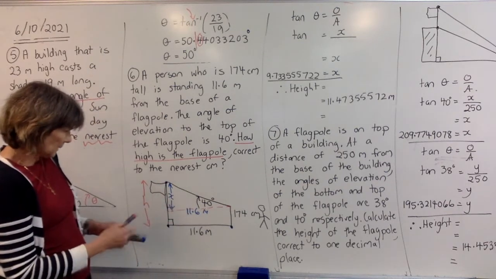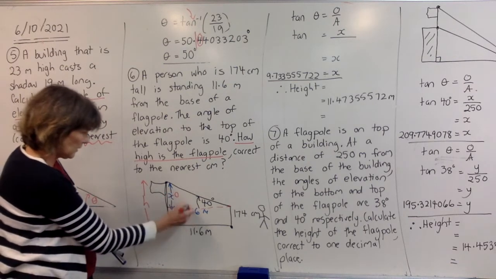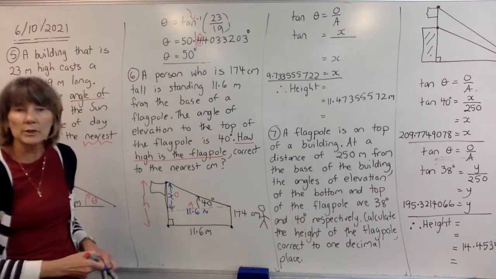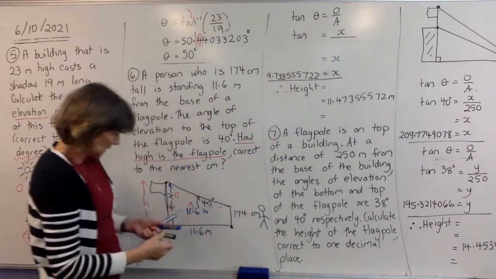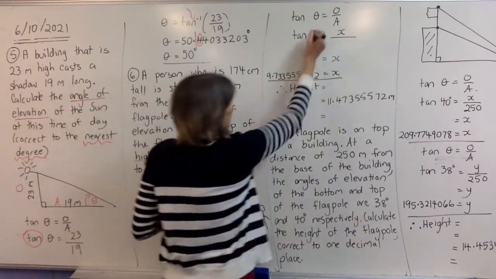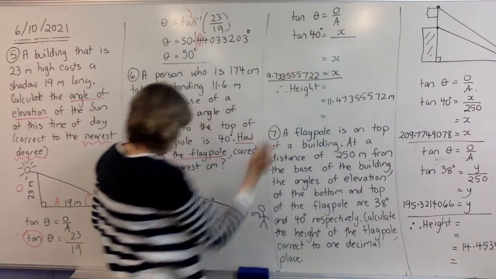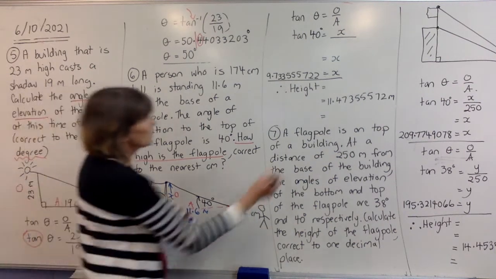So now I'm just concentrating inside this triangle at the top here. All right, so let's label our sides. This is the opposite side, and this one here is the adjacent. So we're using tan. So let's write it down. Tan theta equals O over A. Now we're going to sub in. So tan, our angle is 40 degrees. Our opposite side is X, and our adjacent side is 11.6.